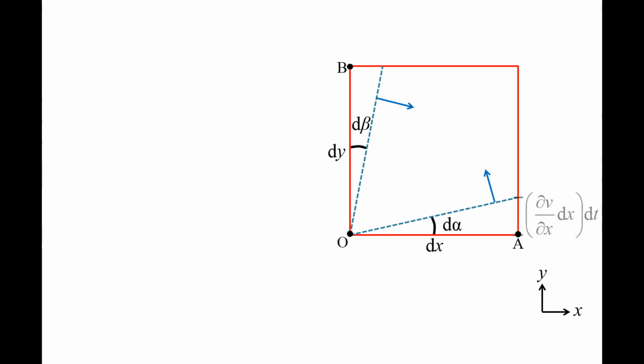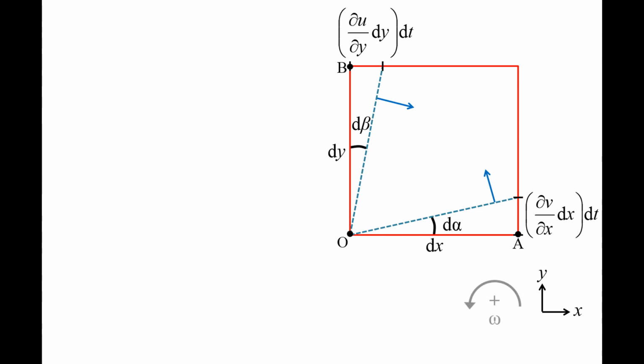The distance traveled by point A relative to point O is the difference in velocity between the right side and left side, partial v partial x dx, multiplied by the time dt. The distance moved by point B relative to point O is the difference in velocity between the top side and bottom side, partial u partial y dy, multiplied by the time dt.